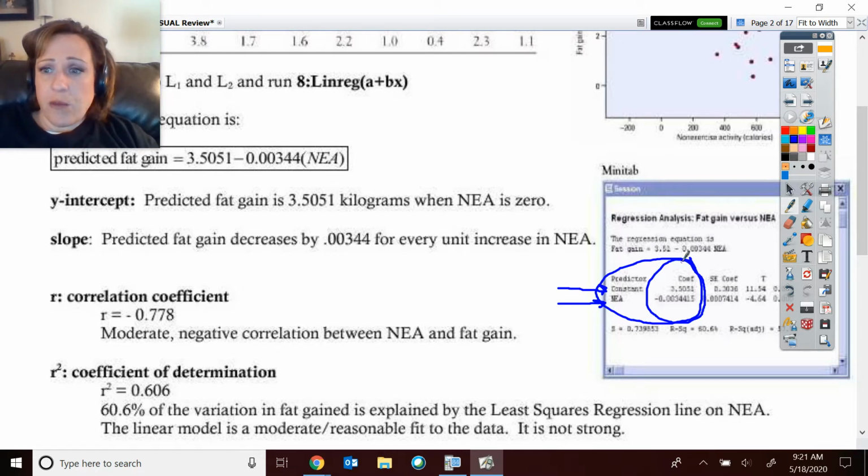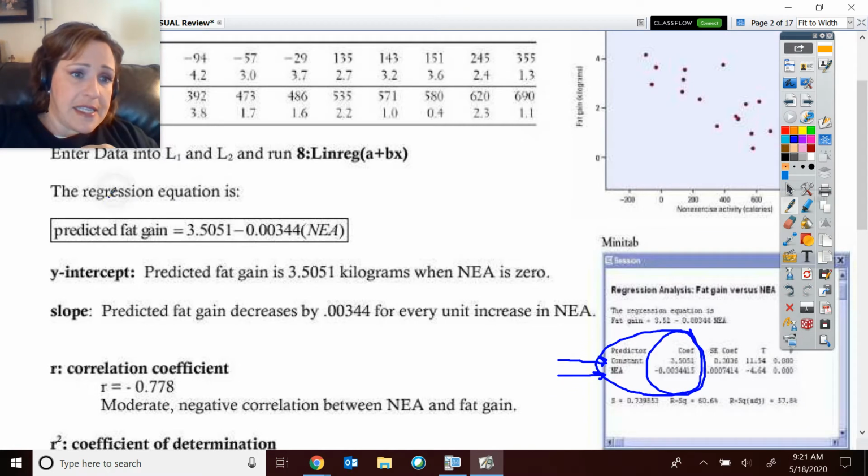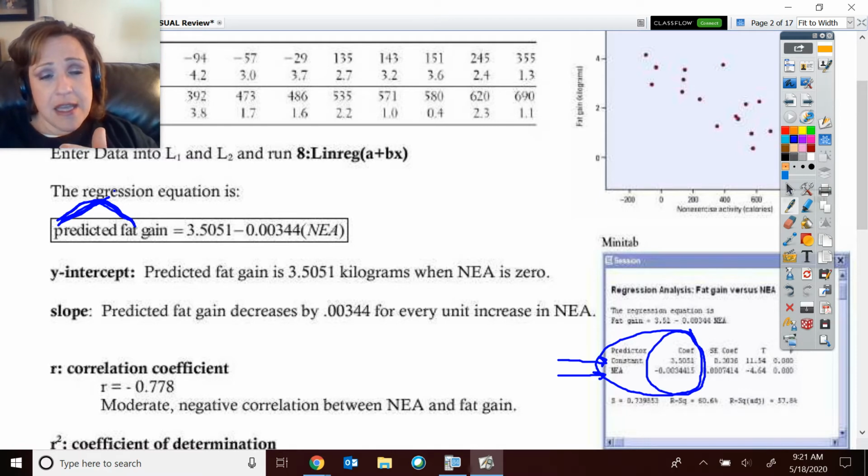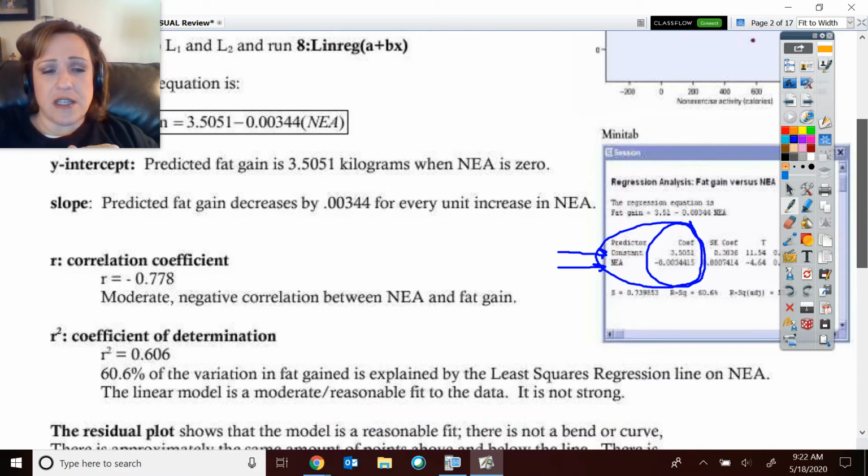Don't forget that when we write that out as the equation, we're always talking about the equation for the predicted y value, the predicted response, not the actual values. The actual values are all those observed dots.